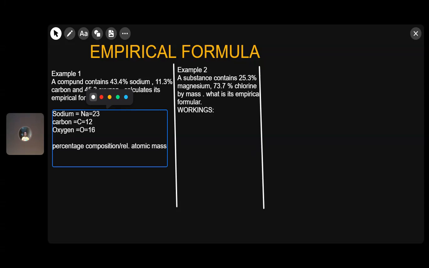So we'll be taking the percentage for each of the elements one by one.